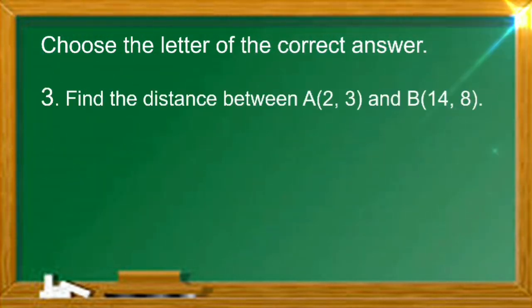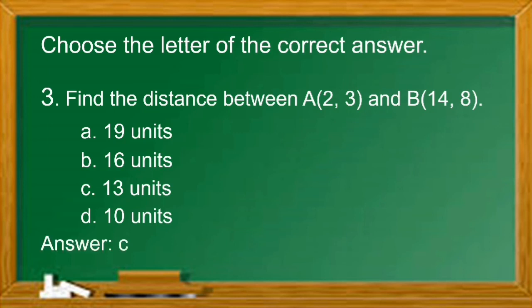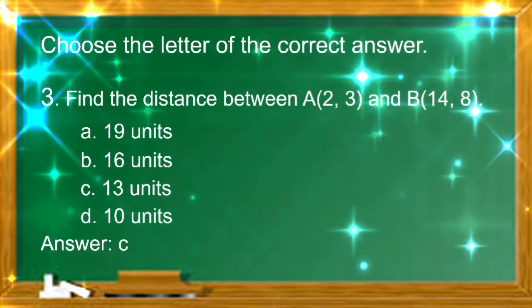And let's have number 3. Find the distance between point A with coordinates (2, 3) and point B with coordinates (14, 8). Is it A, 19 units, B, 16 units, C, 13 units, or D, 10 units? The answer is letter C, 13 units.